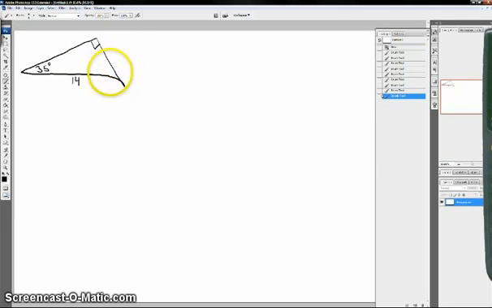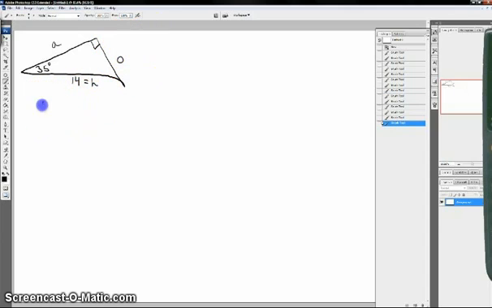We know that's the hypotenuse because it's opposite the right angle. Since this was the angle that we're given, this leg here is the adjacent leg, and this is the opposite leg.